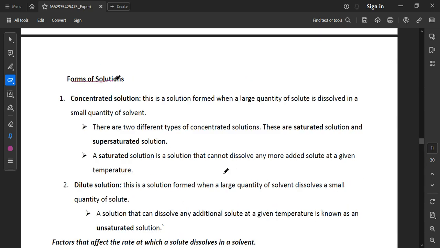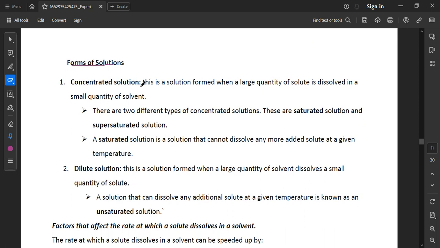Forms of solution. So we have concentrated and dilute solutions. A concentrated solution is when the solute is more than the solvent. There are two types of concentrated: saturated and supersaturated. A solution is said to be saturated when it cannot dissolve any more solid at a given temperature.